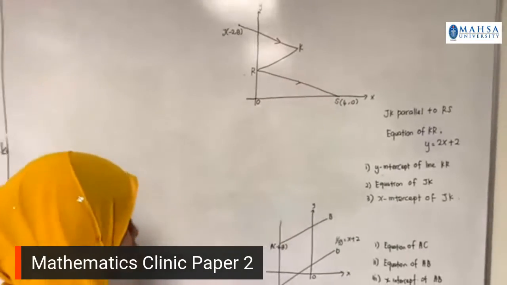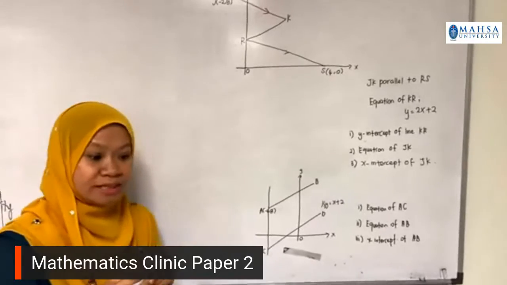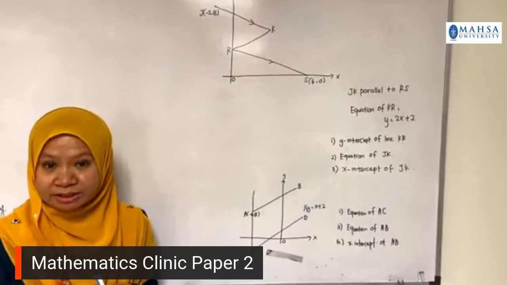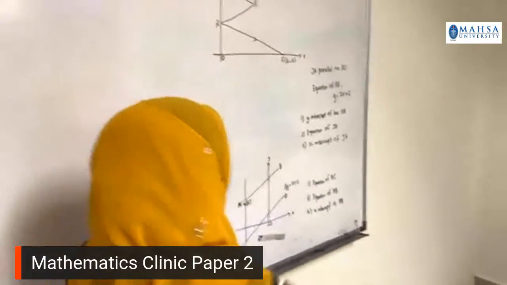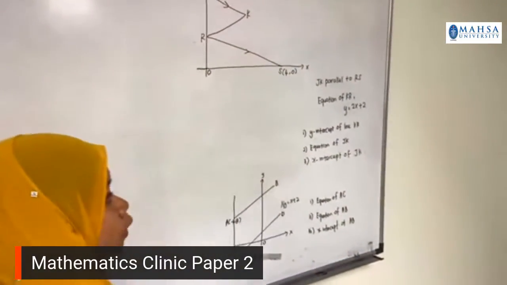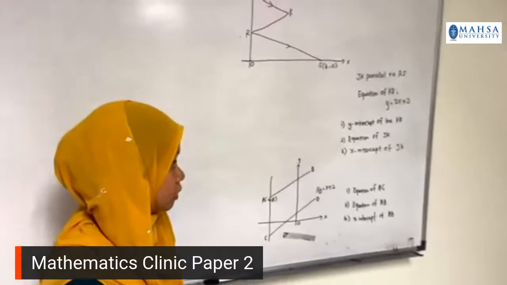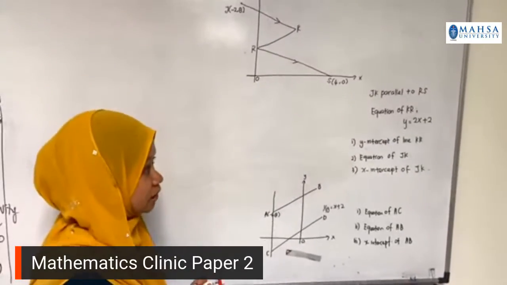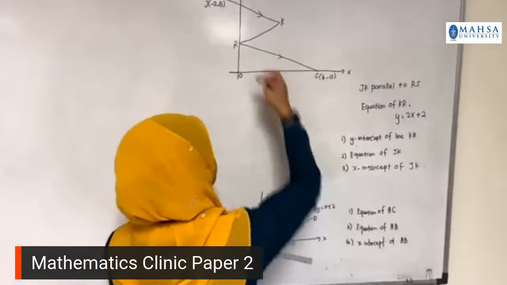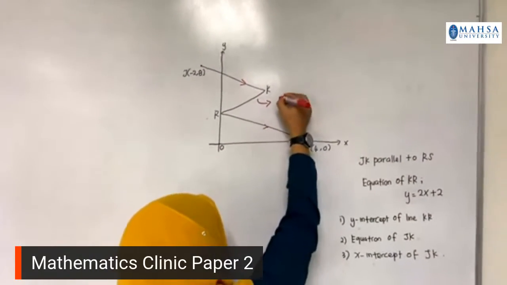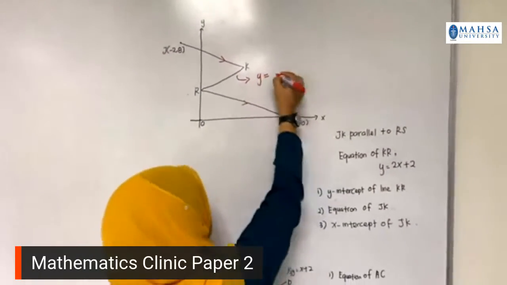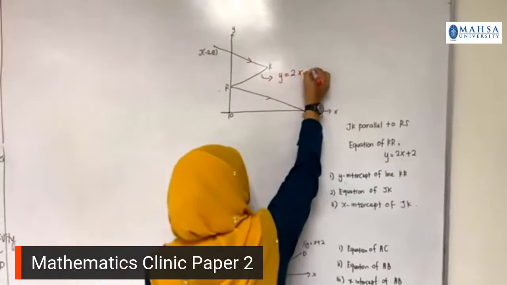So if these two lines are parallel, you must remember the concept of parallel: the gradient must be the same. Then again, we look at the information given in the question. The equation of KR is given as y equal to 2x plus 2.